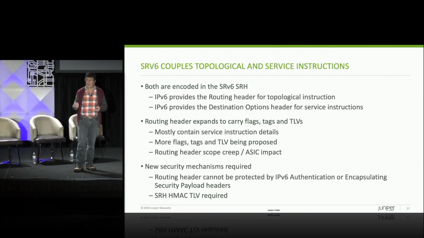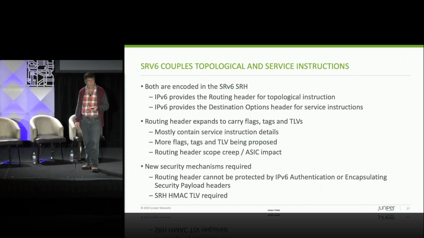In SRv6, we've encoded both topological and service instructions in an IPv6 address, and we made a stack of them in the routing header, even though IPv6 provides a destination options header to encode service for the specific purpose of encoding service instructions.